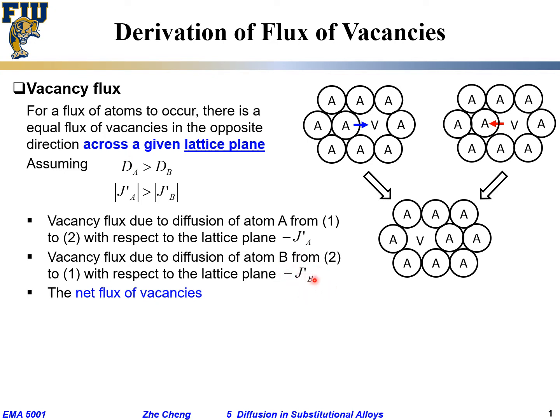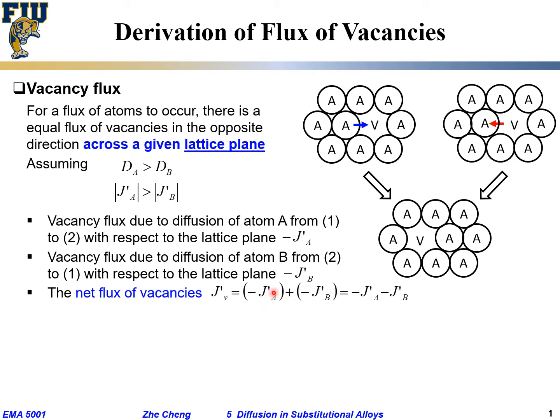B atom motion. Okay, so the so-called net flux, not of atom, net flux of, read to yourself, vacancy. A moves, that's effective, some vacancy moves backward. B also moves, there will be some effective vacancy move due to B element. The net flux of vacancy with respect to my chosen marker or chosen moving interface would be minus JA prime plus minus JB prime.